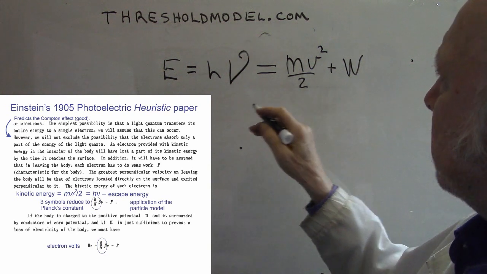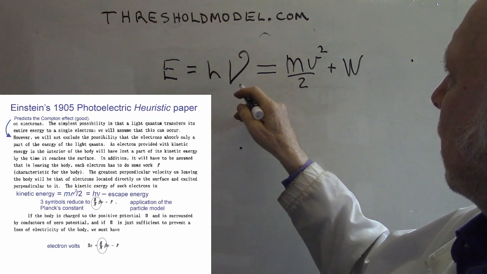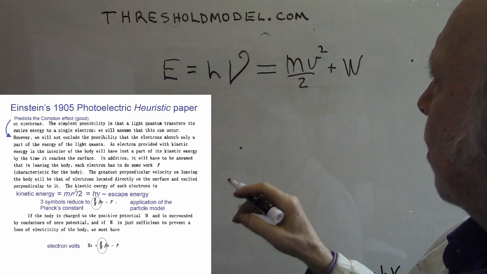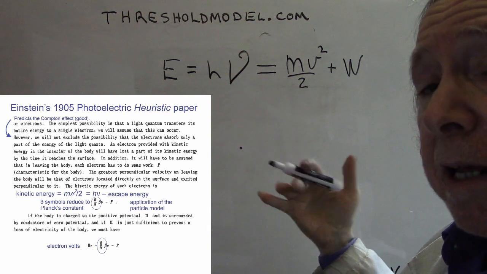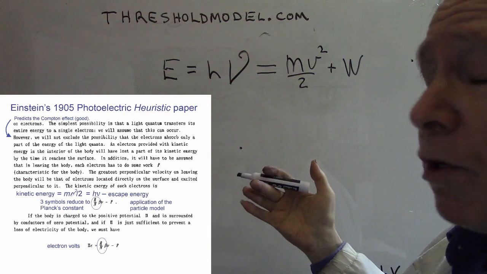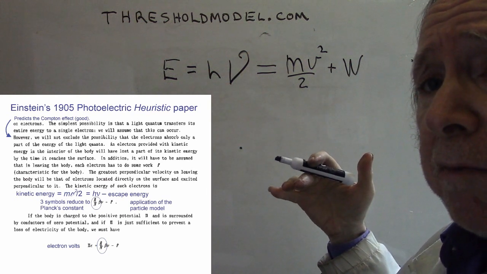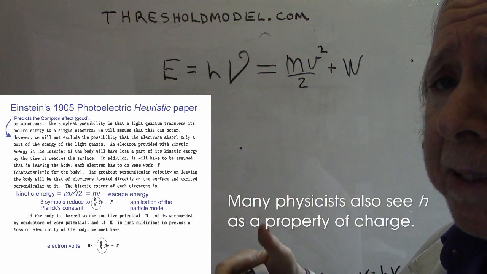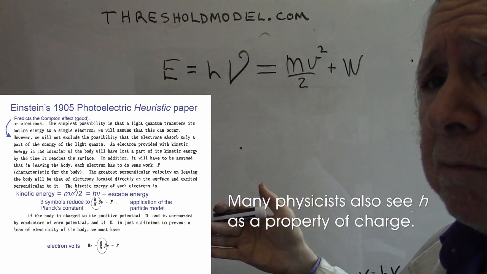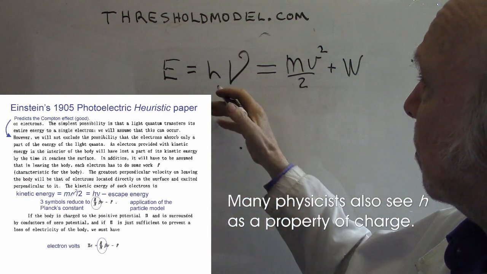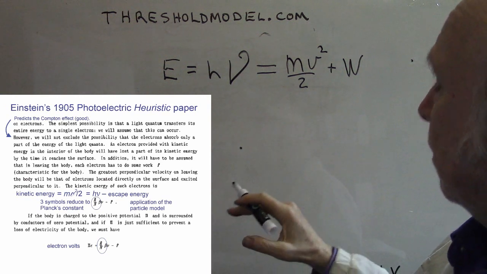But it implies that light shows up in a quantized form. Actually, it doesn't have to be that way. You can have this energy as a function of the electron and not light. But most physicists assume that this is about the energy of a photon.